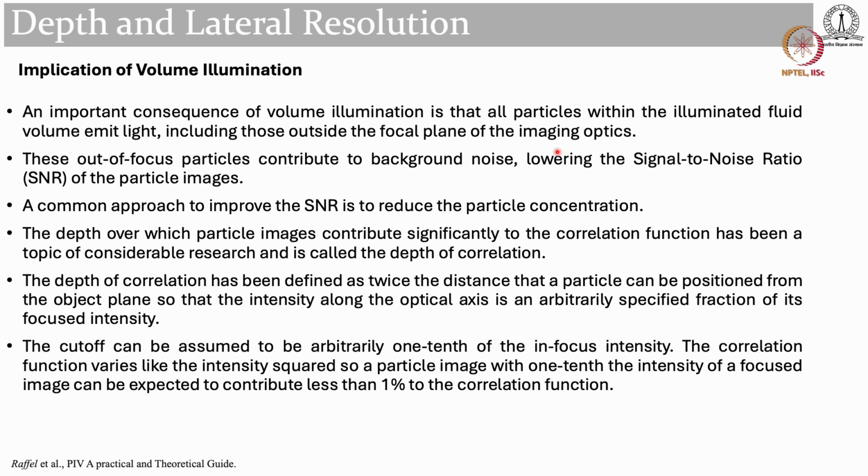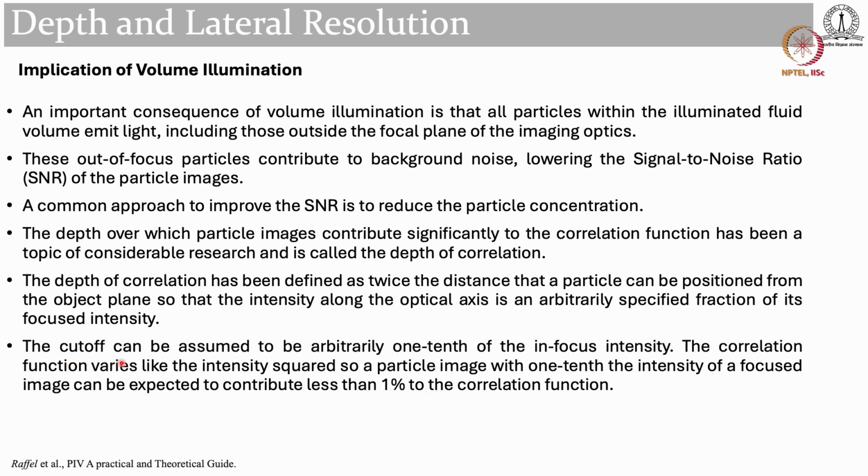If you go into the depth and understand how the correlation function works, it actually varies like the intensity squared, so a particle with 1/10 the intensity of the focused image can be expected to contribute less than 1% to the correlation function, right?